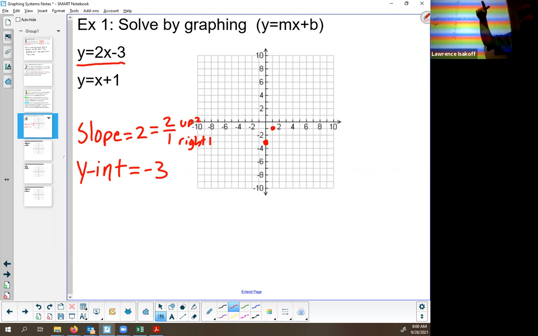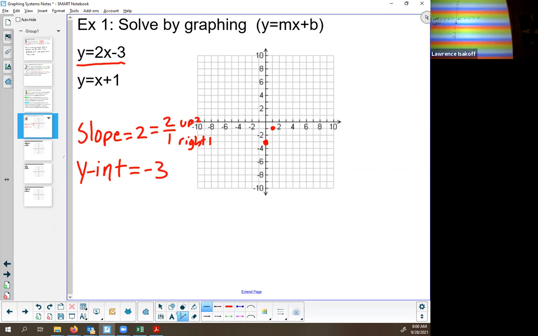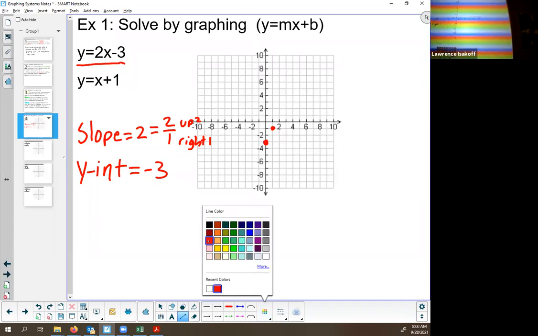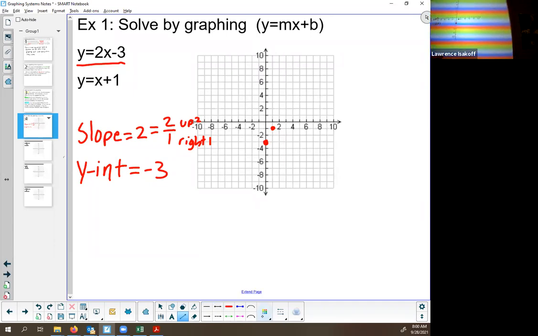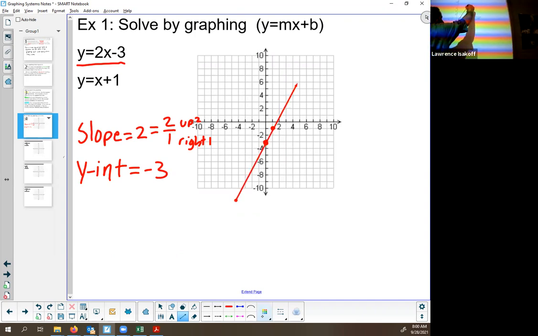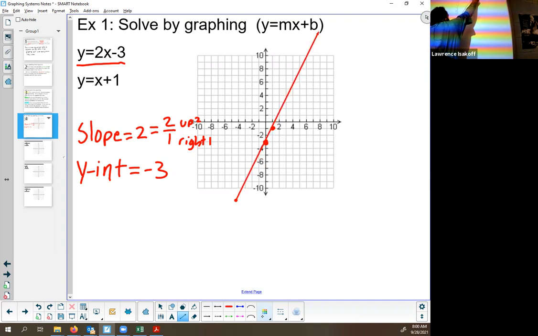Now that we have 2 points, we can draw a line. So I have a line tool, Cami has a line tool as well. So what I'm going to do is utilize that line tool, and draw a straight line through these 2 points for as long as I can.